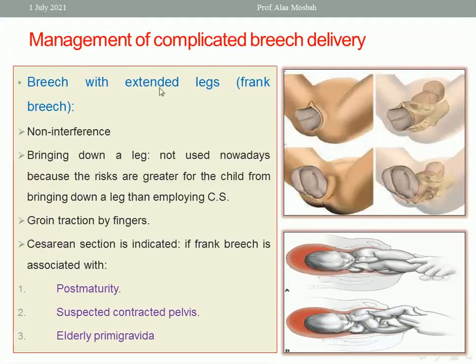Breech with extended leg, like this one: no interference. The breech will descend, and when the breech reaches the perineum, the patient is asked to bear down.